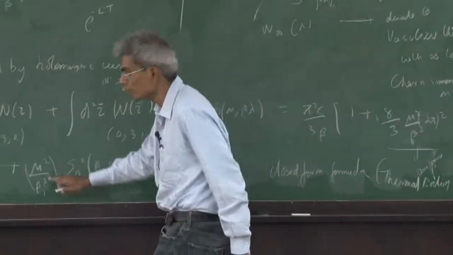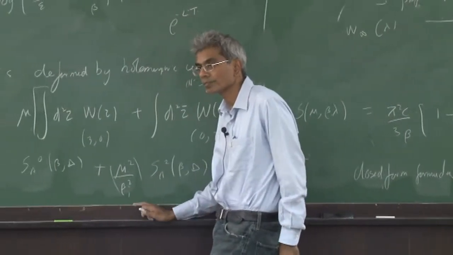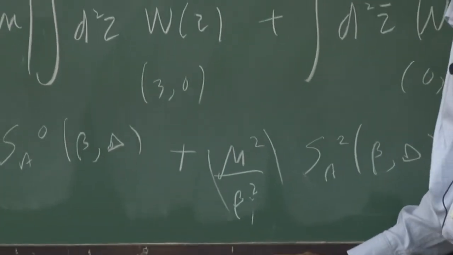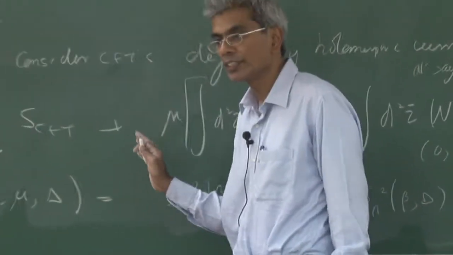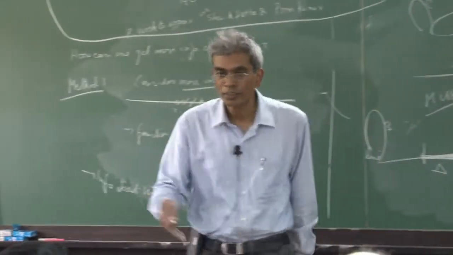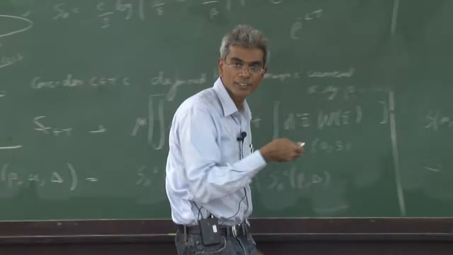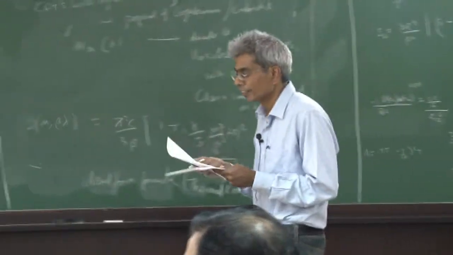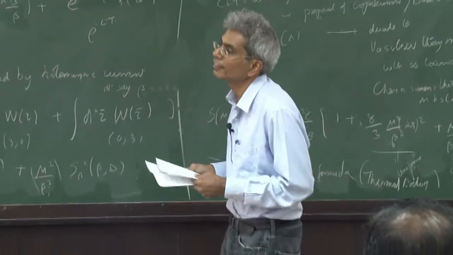That's why it's mu squared by beta squared. So is it a CFT? Yes, it's deformed away from the CFT, and we are calculating this in conformal perturbation theory. Right, irrelevant. Yes, it's irrelevant.